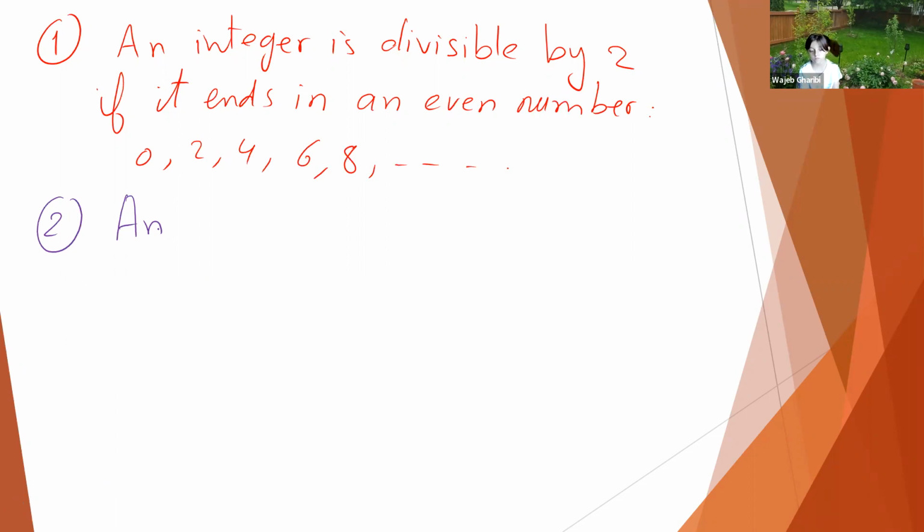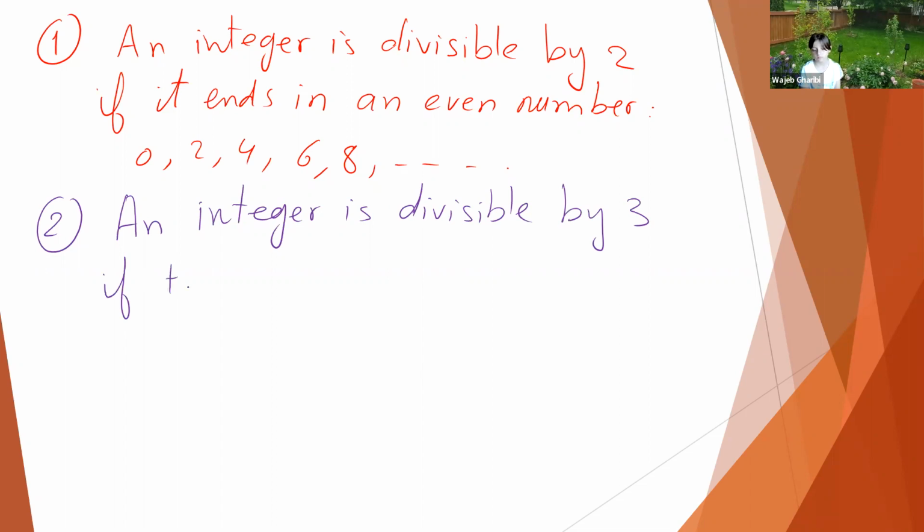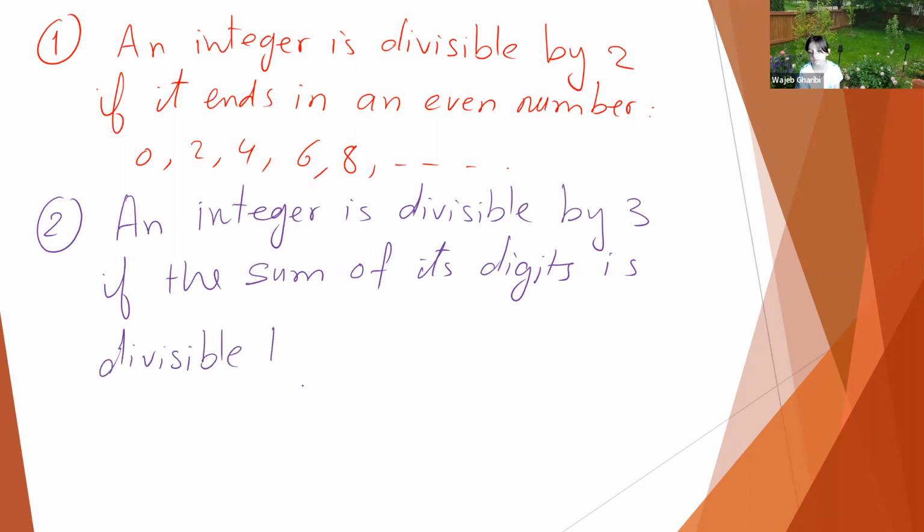Once again, an integer is divisible by 3 if the sum of its digits is divisible by 3. Good. Let us have an example.